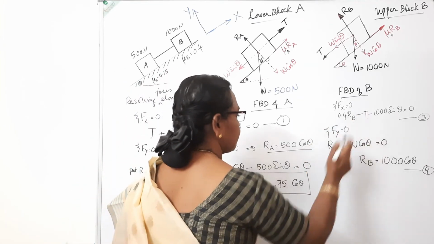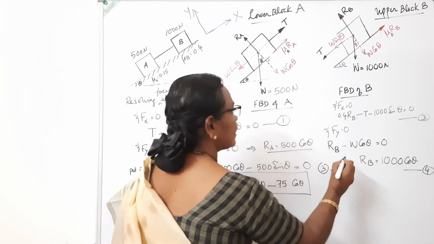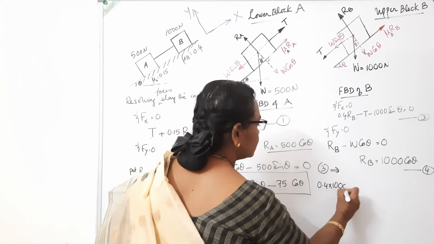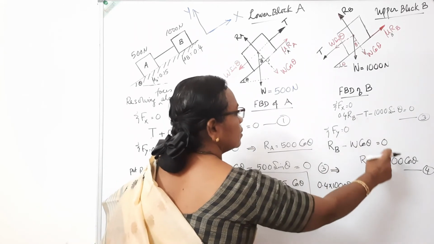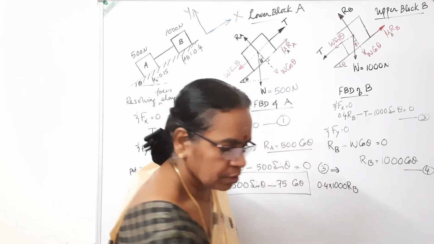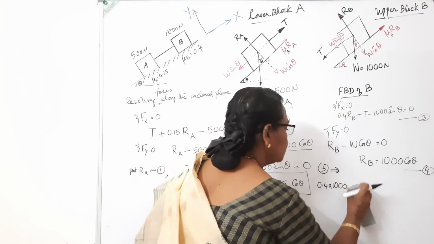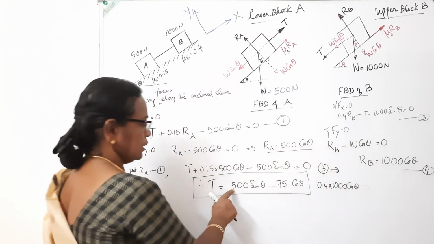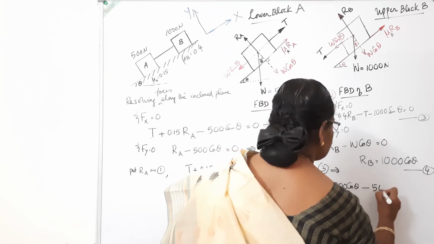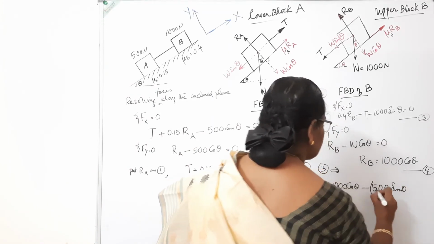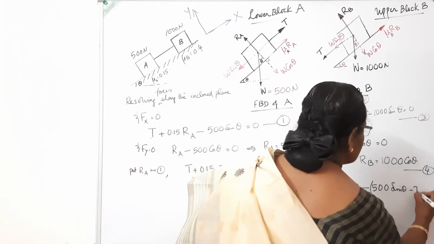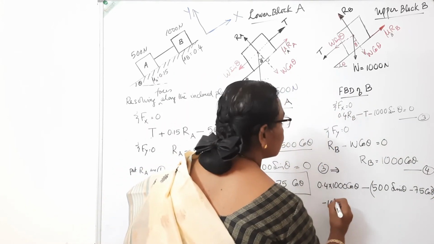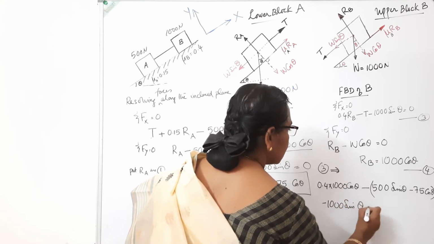So equation 3 will be converted as 0.4 into, instead of RB, we are putting 1000 cos theta, minus T. T is here, 500 sin theta minus 75 cos theta, minus 1000 sin theta is equal to 0.